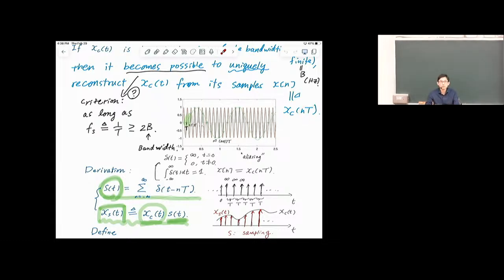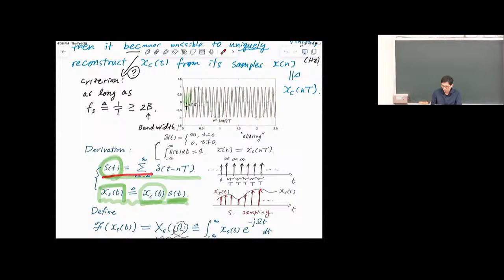There's nothing wrong about that. But it turns out it's more convenient to introduce this function to explain the sampling theorem. The fact that we recommend sampling at least 2 times faster is the sampling theorem. To understand what the sampling theorem is trying to tell us, it's easier if we introduce this notion.